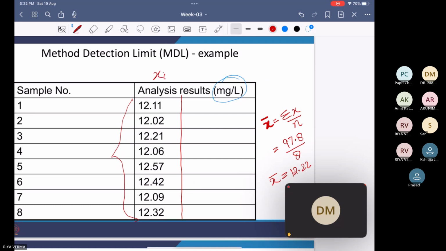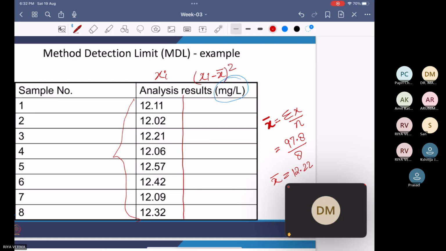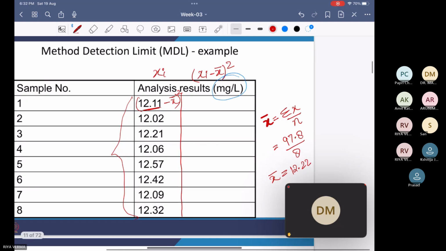This is our xi value. This is (xi minus x bar) का होल स्क्वायर. ठीक है, तो यहाँ पर हम xi minus x bar और इस वैल्यू को स्क्वायर करेंगे. क्लियर हो रहा है सबको? जहां पर भी डाउट हो रहा है आप तुरंत पूछिए. तो xi is 12.11 minus x bar is 12.22 और इसका हम करेंगे स्क्वायर.